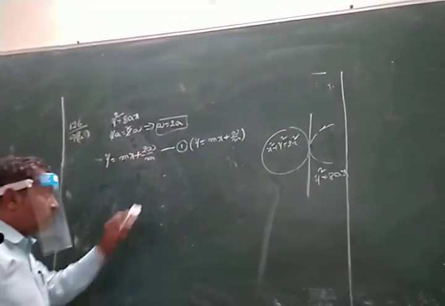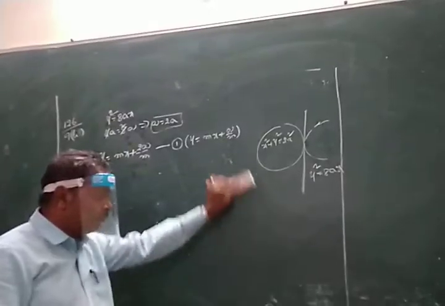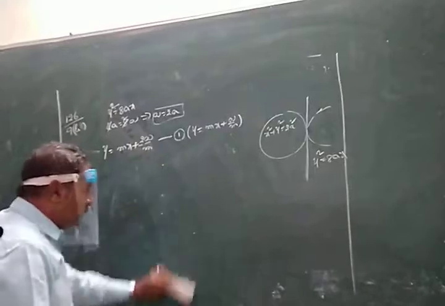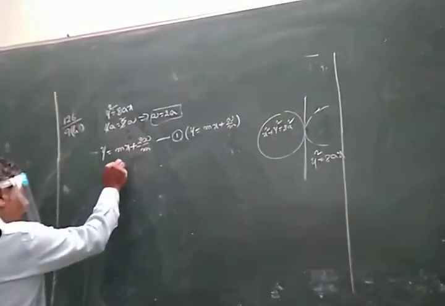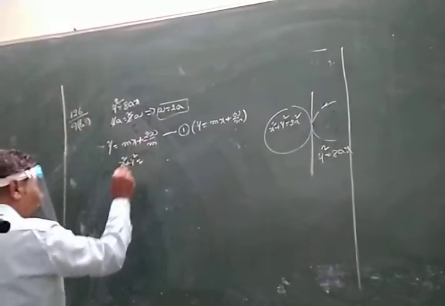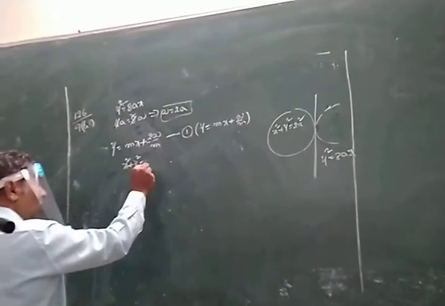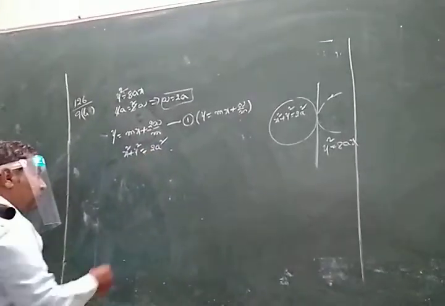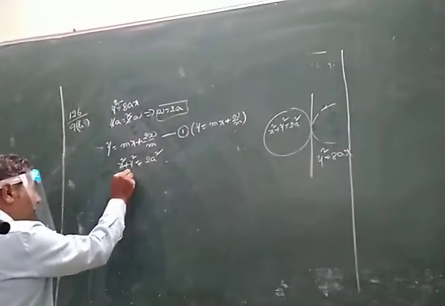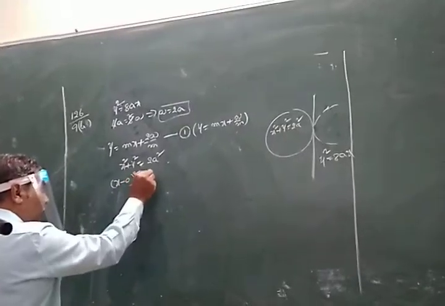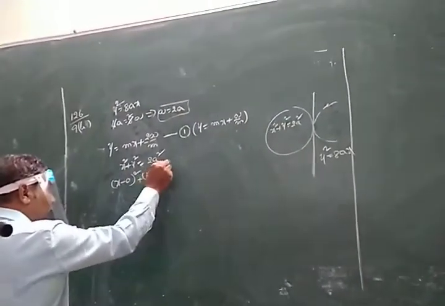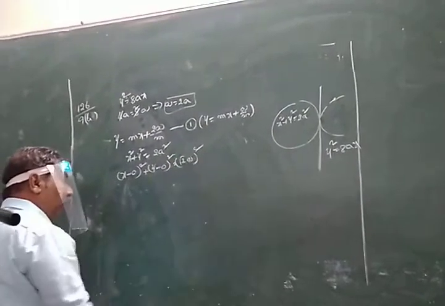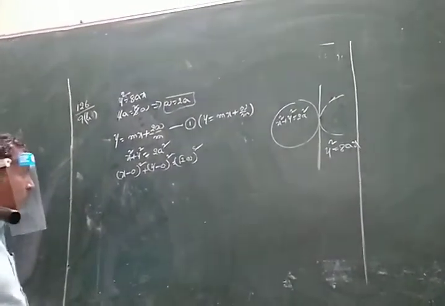Next, given circle is x square plus y square equal to 2a square, that is (x minus 0) whole square plus (y minus 0) whole square equal to (root 2a) whole square.